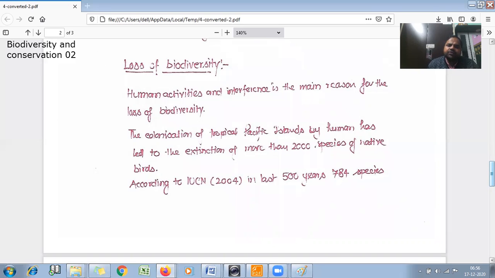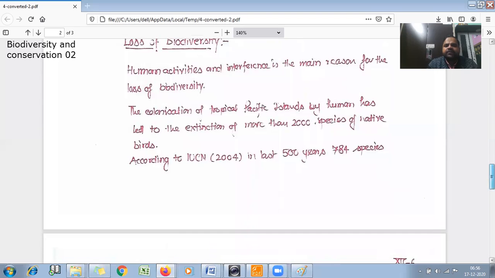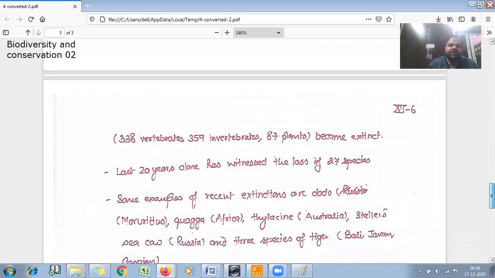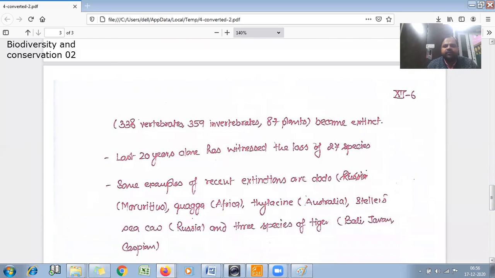And according to IUCN 2004, in the last 500 years, 784 species, including 338 vertebrates, 359 invertebrates, and 87 plants, became extinct. And the last 20 years alone have witnessed the loss of 27 species.